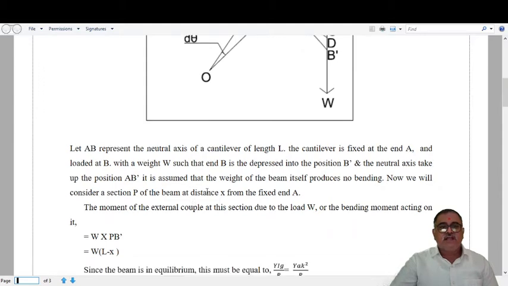Here it is assumed that the weight of the beam itself produces no bending.